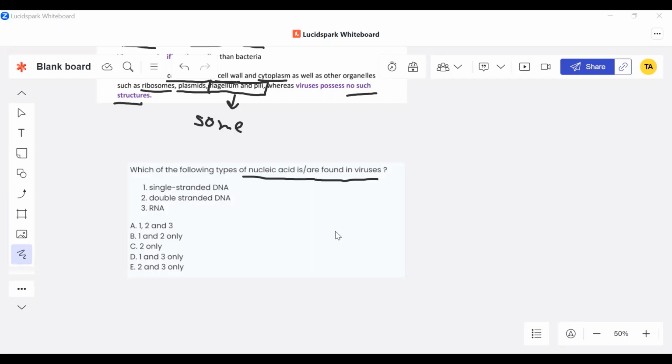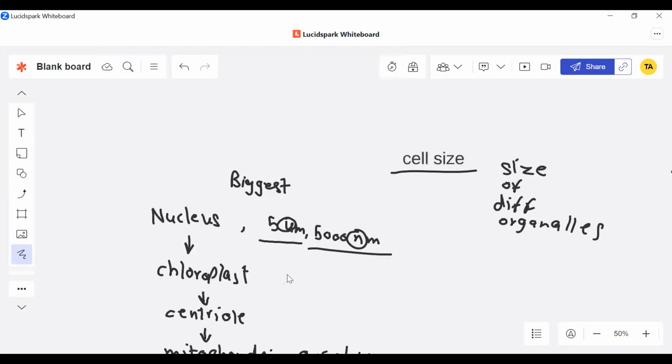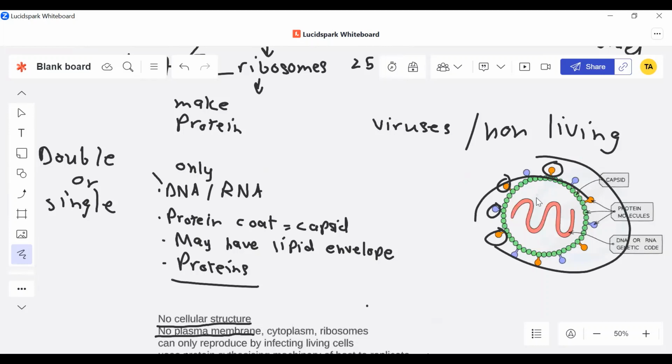Okay, so let's do the question now. Someone said E, right? So let's start with E. Which of the following types of nucleic acid are found in viruses? I told you guys earlier, when I go back to viruses, that viruses will have 3 kinds of genetic code.